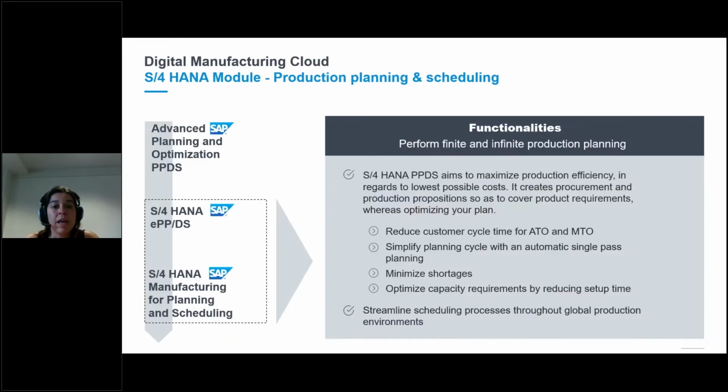So let me explain a little bit about the S/4HANA manufacturing for planning and scheduling, which is the new name of the S/4HANA PPDS after SAP moved part of the APO solution into S/4HANA. The migration of PPDS to S/4 comes with simplifications in interface for master data and transactional data, with an aligned process integration with SAP S/4HANA, and as a result, with DMC.